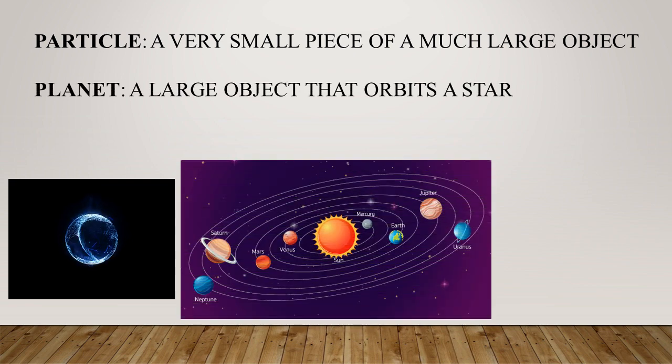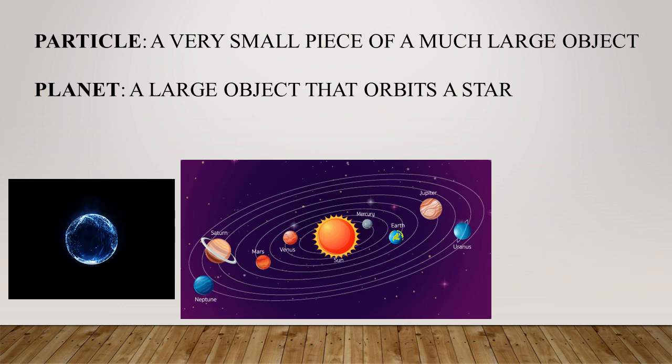Planet, a large object that orbits a star. Okay, so I want to make a quick differentiation here. A planet orbits a star, like the Earth, Mercury, Venus, Mars, Saturn, Jupiter, Uranus, Neptune.